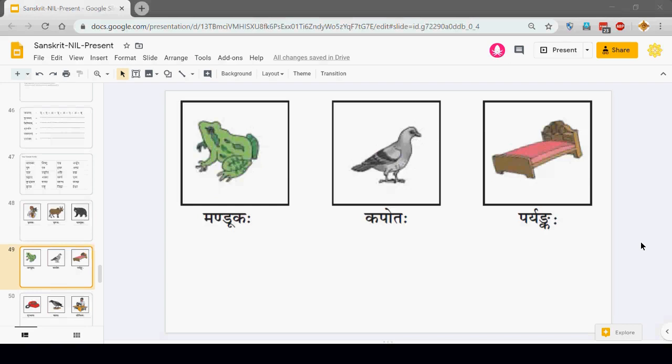Manduka means frog. Kapotaha. Pigeon. Next. Paryankaha. Bed. Okay. Thank you. Anybody else?